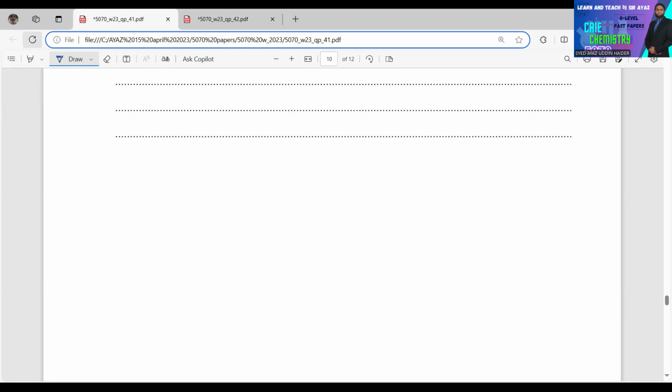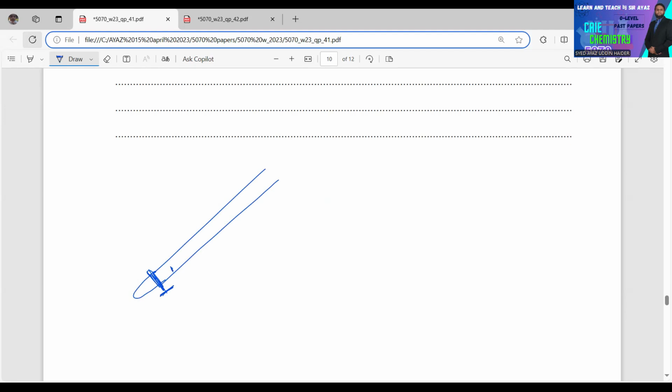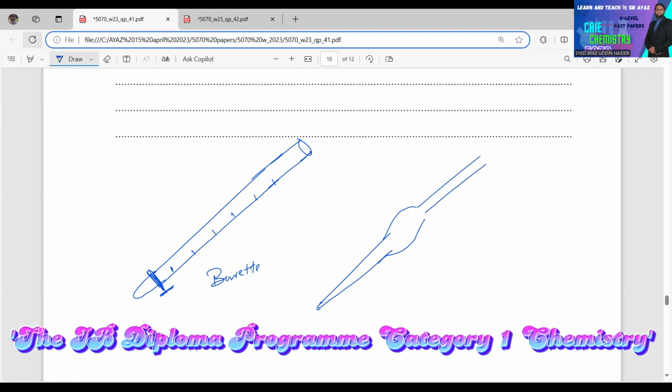Burette should be like this, with some labels. Name it: you have to write burette, pipette.